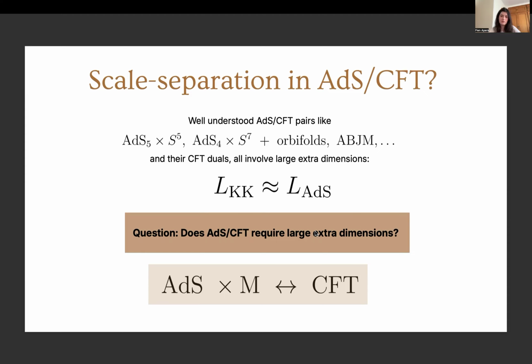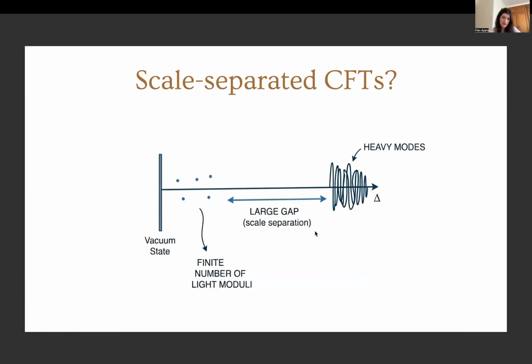Because these scale-separated CFTs also have quite peculiar properties. The main characterizing property of a scale-separated conformal field theory is that there must be a large gap in the spectrum of single-trace operators. I have a schematic figure of such a scale-separated spectrum here. The operator dimensions are going from left to right.